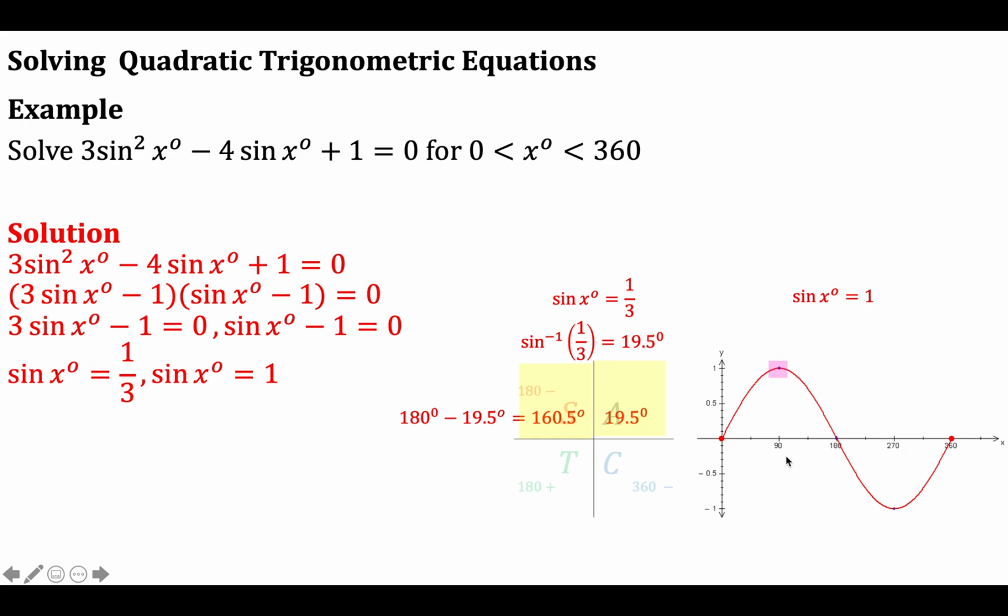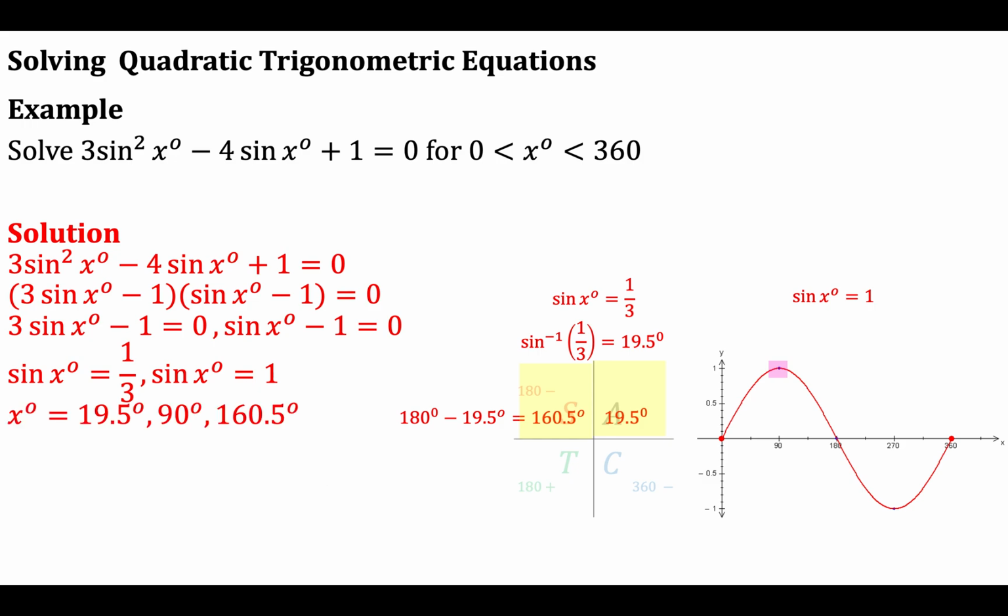So that is one of our answers, 90. We've only got one answer coming from this equation, and that's okay, sometimes that happens. Possibly in a lot of the questions you'll be undertaking, you'll get 4 answers, but don't be alarmed if you don't. It is possible to have fewer or more than 4 answers.